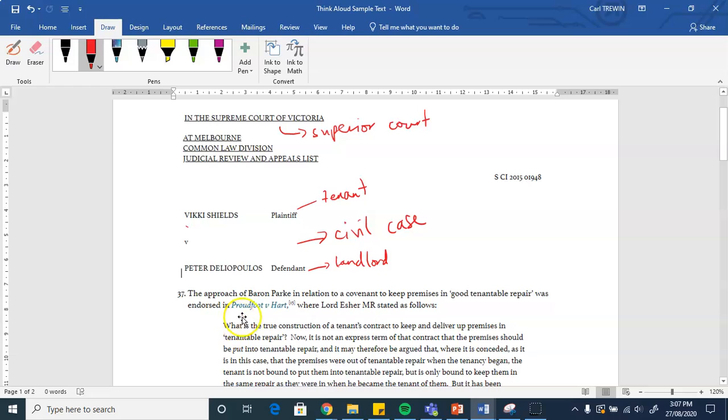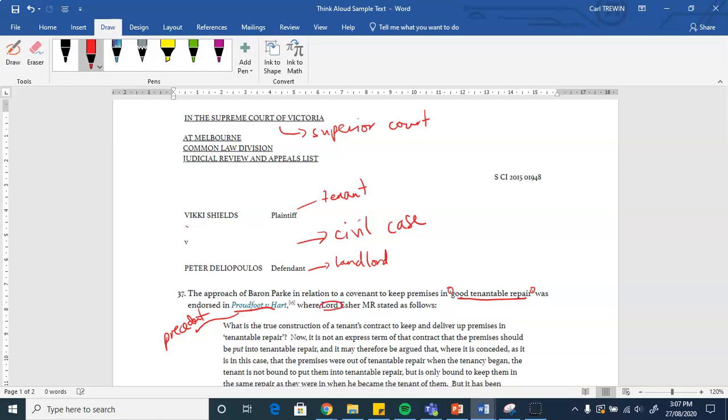Let's look for the key legal principles in place. Okay. The approach of Baron Park in relation to a covenant to keep premises in good tenantable repair. Now I'm thinking that because I can see these quotation marks, this is coming directly from Baron Park, endorsed in Proudfoot and Hart. Another case, so I'm thinking here that maybe there is some sort of precedent where Lord Esher, MR stated as follows.